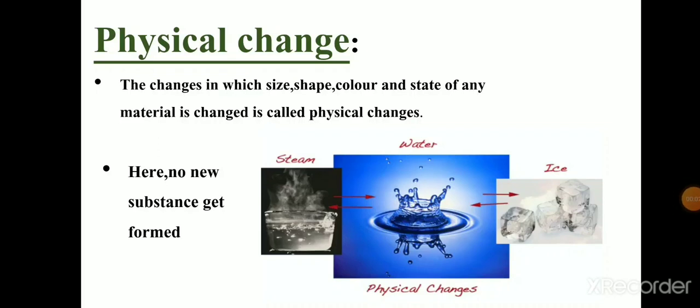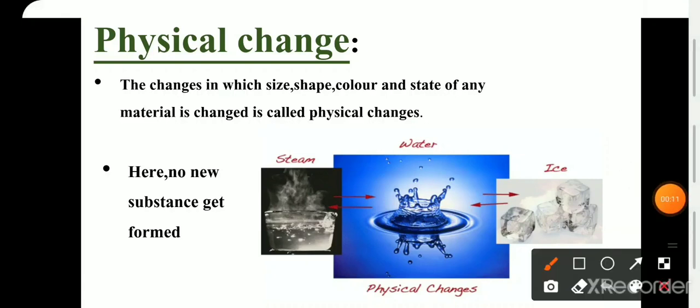So from all the above activities, we can define physical change as the changes in which size, shape, color and state of any material is changed, and such change is called physical change. So in physical change, no new substance gets formed.